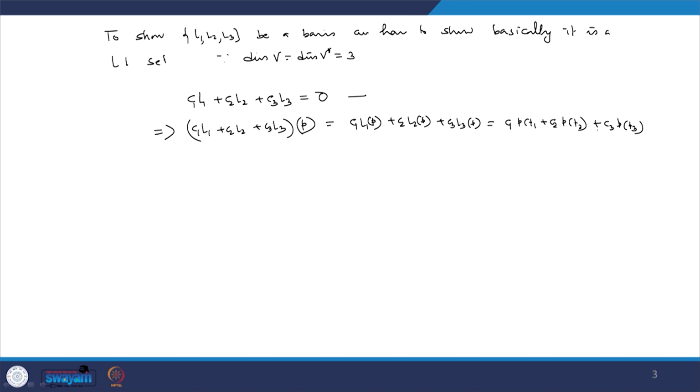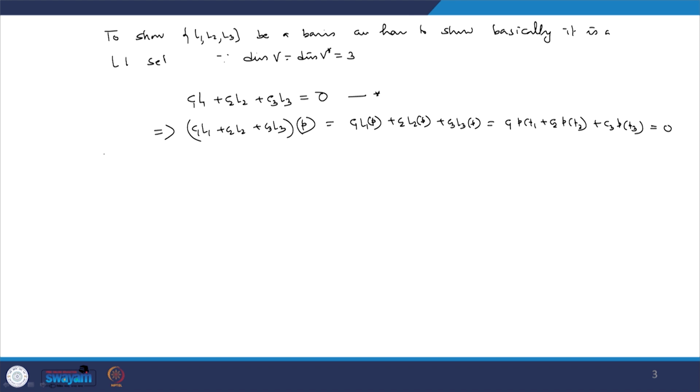So, if this is the zero functional, then definitely for any element p belonging to V, it will map to 0. So, this is equal to 0 for any p belonging to V.